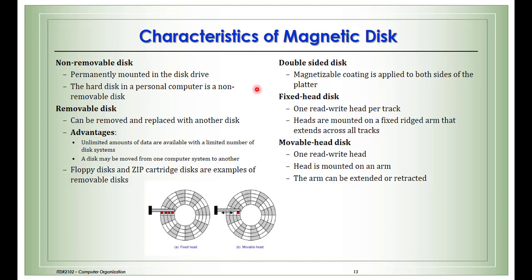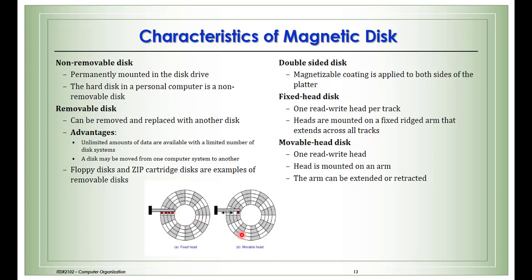For the read-write head, the magnetic disk has either a fixed head or a movable head. If it's a fixed head, we use one read-write head per track, like in this figure, where there is one read-write head for each track.